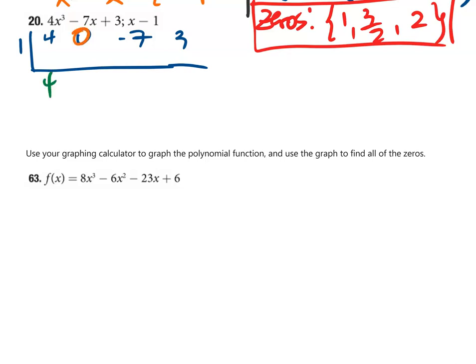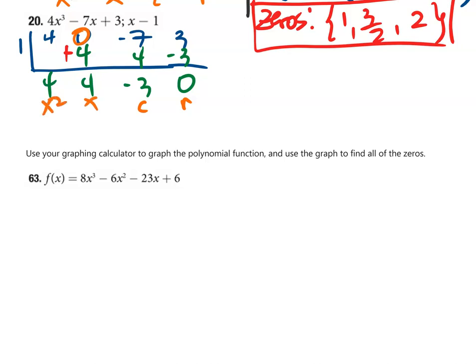Okay, then bring down 4. Multiply 4 times 1 is 4. Add 0 plus 4 is 4. Times 1. Add. Times 1. Add 0. So this is the remainder, constant, x, and x squared.